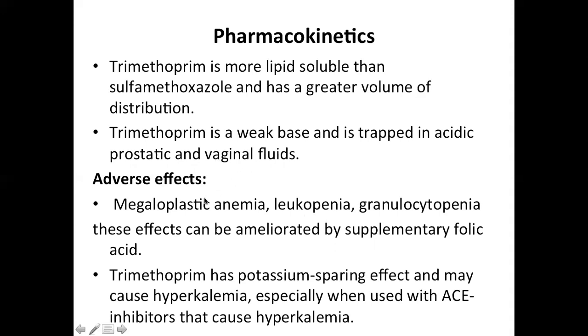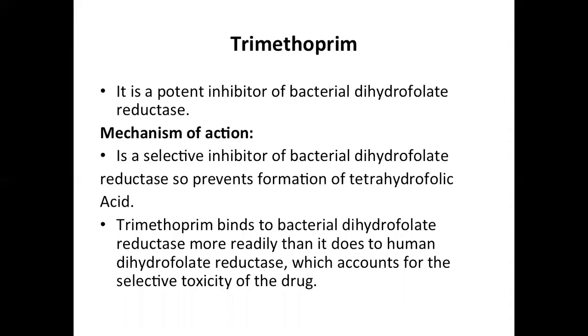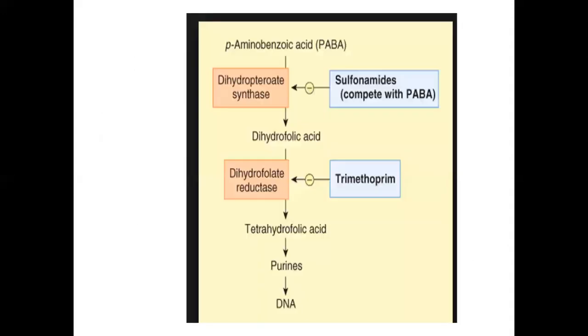Regarding the side effects, from the mechanism of action of trimethoprim, we can go back to this illustration. We have here the para-aminobenzoic acid. By the enzyme dihydropteroate synthase it will be converted to dihydrofolic acid, and dihydrofolic acid by the aid of dihydrofolate reductase enzyme will be converted to tetrahydrofolic acid.